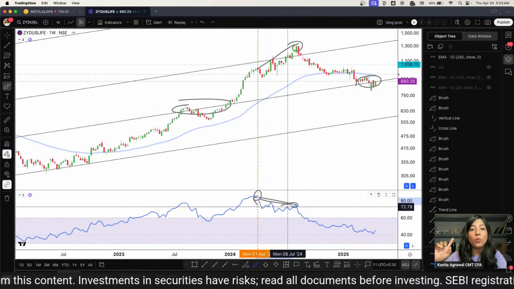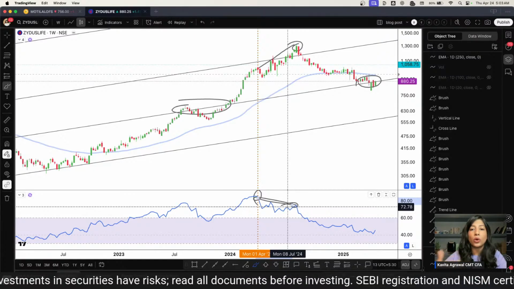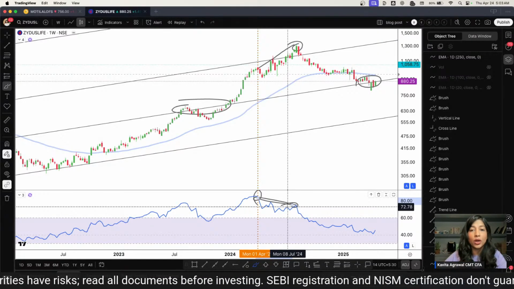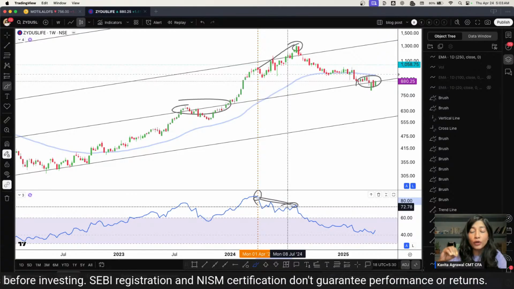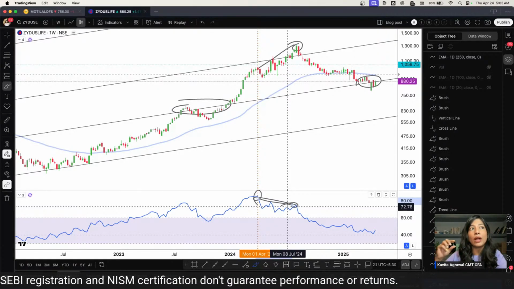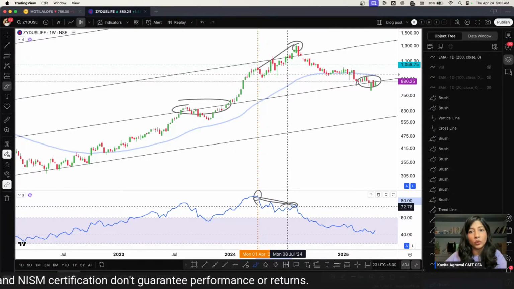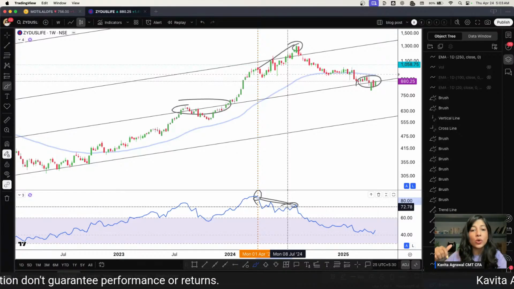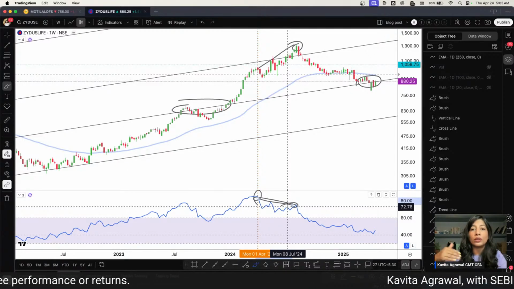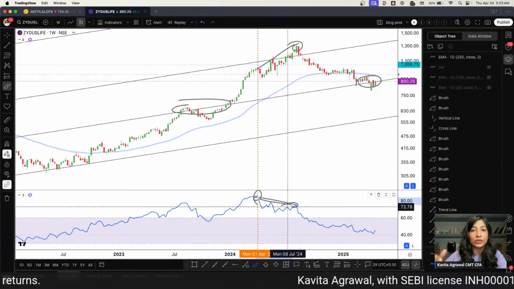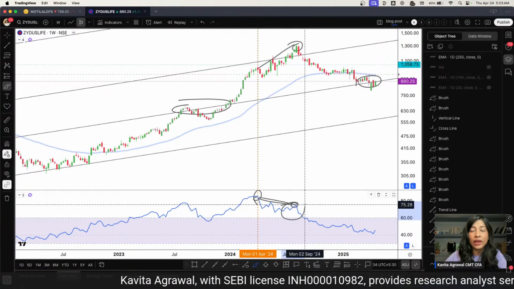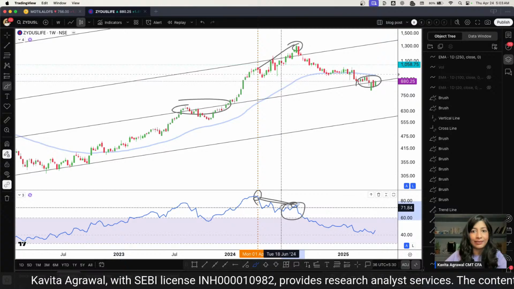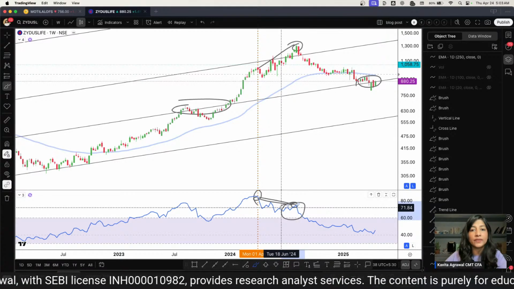But one thing about negative divergence that a lot of people don't pay attention to, or even positive divergences, and this fact that I'm going to share with you has a lot of impact on the quality of the output or the consequence of the negative divergence. So this negative divergence, if you see the rightward tail, is way above the level of 60.